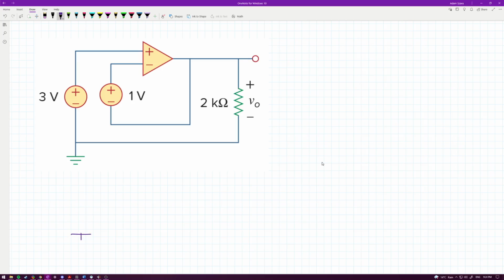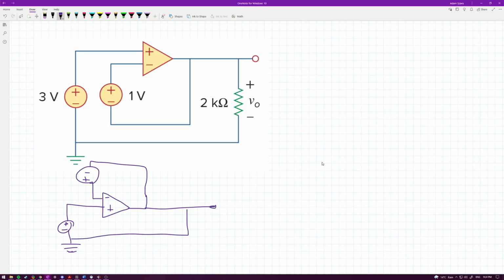If I just flip it upside down, let's see if that helps us at all, to be more like how we're used to seeing it. So if I make that the plus and that the minus, that has a source like that coming at it. This is usually how it's drawn, with the negative like that. And then here I have a 2 kilo ohm connected to it.